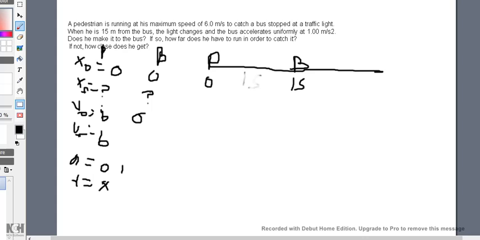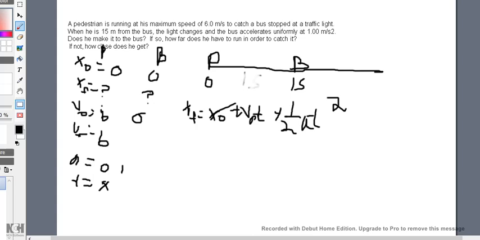Well, we know that the person XF equals X naught plus what? V naught T plus 1/2 AT squared. That tells me that X naught, and he has no acceleration, so his final position is what?